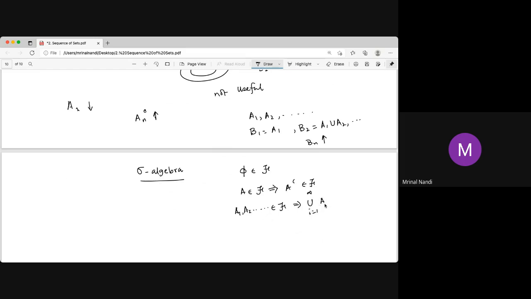Now this may not be increasing or decreasing; it may be any arbitrary subsets. These three conditions give the definition of a sigma algebra.